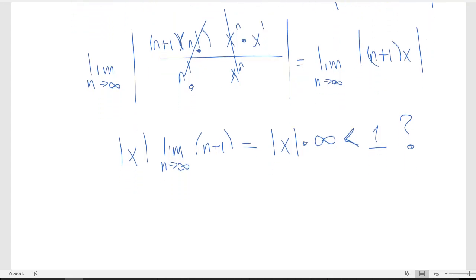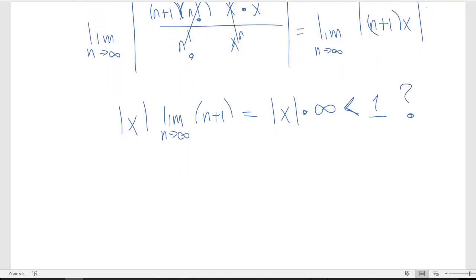Okay, so there really isn't any value of x except for x equals 0, right? Any other x that I pick, if I pick x equals 5, 5 times infinity is infinity. Now again, this is really sloppy notation. I can't say 5 times infinity. Infinity is not a number. I'm really looking at the limit here, right? So if I pick x equals 5, I get 5 times the limit of n plus 1, and that's infinite, and that's not less than 1.